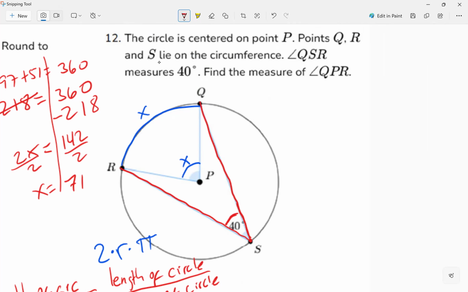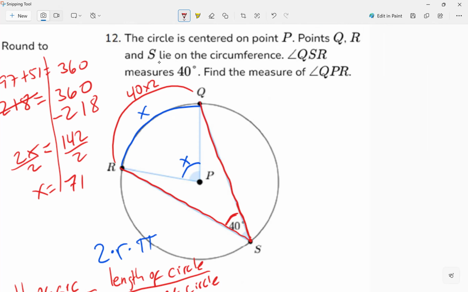The angle on the circle, when you project it to the arc, is going to be twice as big. So it's going to be the angle times 2. Always, okay? If the angle is in the center, it has the same measure as the arc. Now, if the angle is touching the circumference, so it's touching the circle, the angle times 2 is the arc.